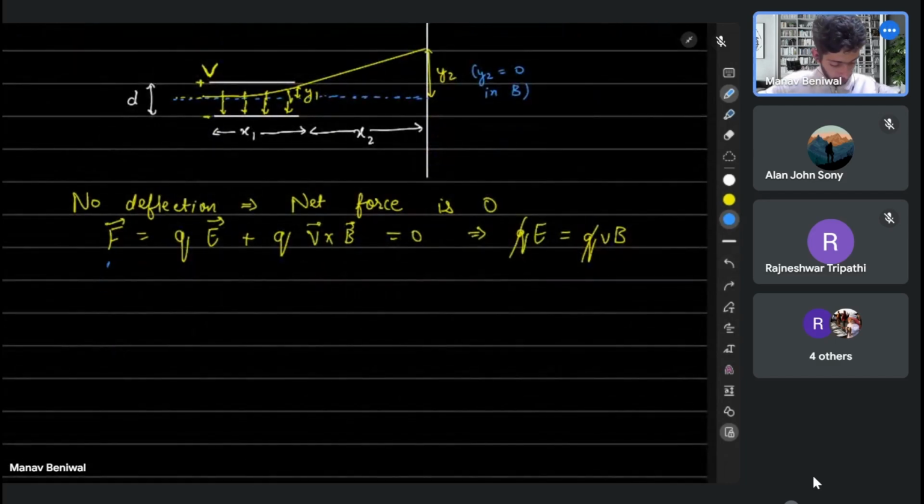We get E is V times B, which implies V is nothing but the electric field divided by magnetic field, E by B.